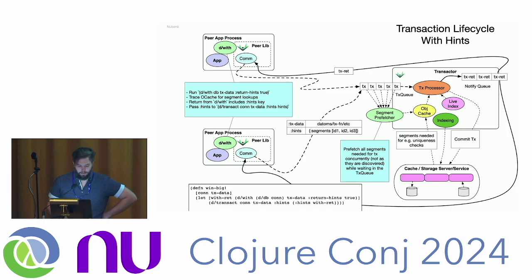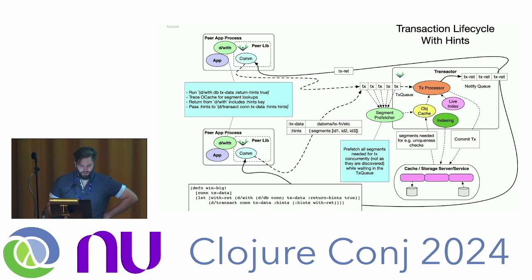Then the dwith from the peer sends a manifest over, and we just pre-populate it. Again, all the segments are discovered while waiting in the transaction queue. This can be done even within the transactor. If you need more prefetching capability, you can turn a knob to increase it, and you can add more CPU cores to get more capability.